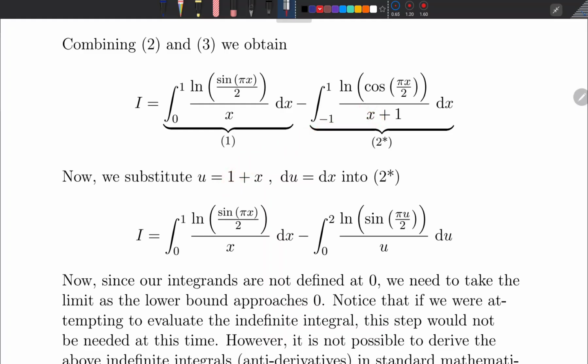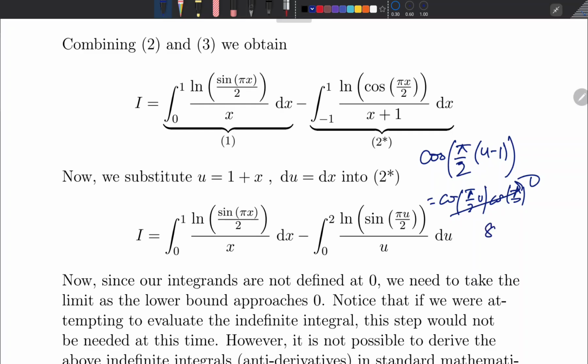So we have x equals u minus 1. So cosine of pi over 2 minus pi over 2 u minus pi over 2 is going to give us cosine of pi over 2 u cosine of pi over 2, which is 0, plus sine of pi over 2 times u. So that's what we are having.